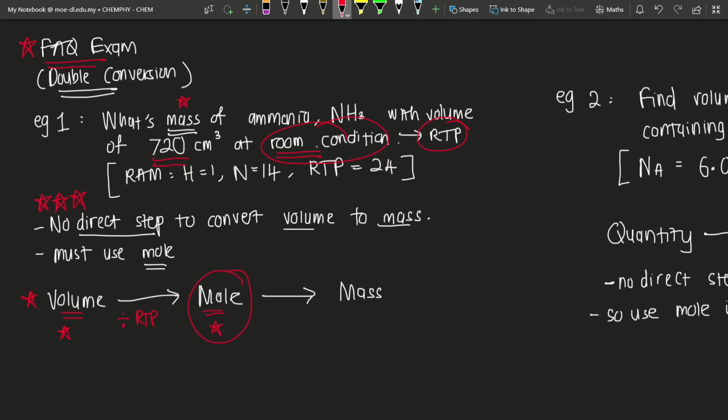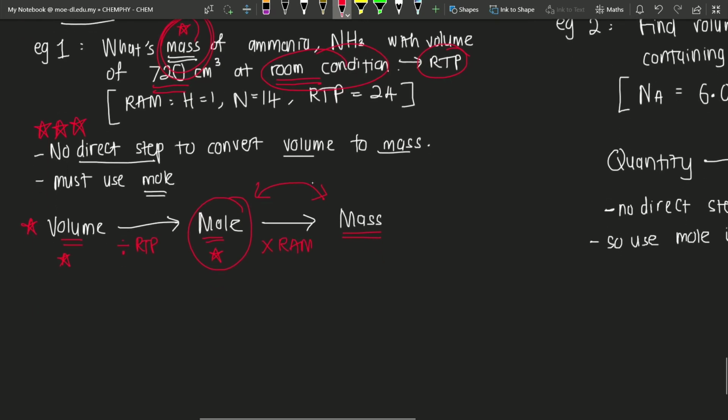From mole, we want to convert to the mass because the question asks us to find the mass. From mole, you guys convert to any three siblings, you guys will multiply the connection between mole and mass. So mole and mass connection is your RAM, the relative atomic mass. So let us calculate one by one.